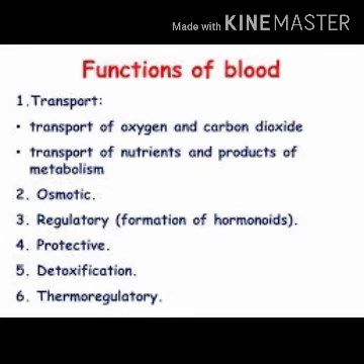There, it combines with the hemoglobin, and an unstable compound is formed. Can you say which is the unstable compound formed by the combination of oxygen and hemoglobin? Yes, it is oxyhemoglobin. In the form of oxyhemoglobin, it reaches the cell.